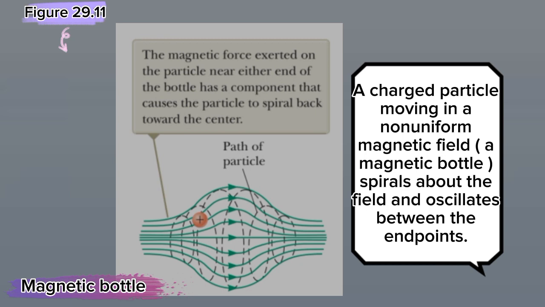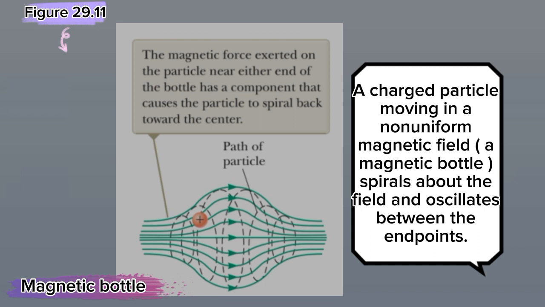Unfortunately, the magnetic bottle has its problem. If a large number of particles are trapped, the collisions between them might cause the particles to eventually leak from the system. So that is the process of the path of particles.